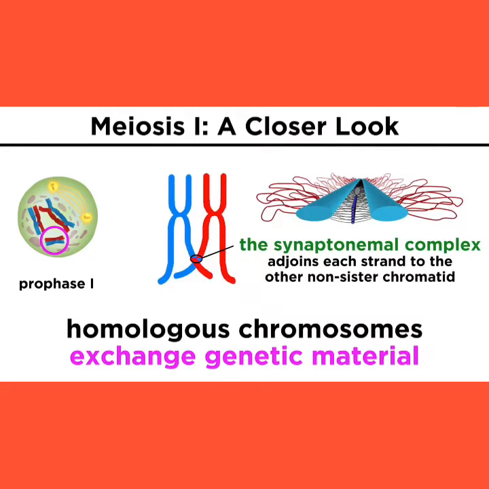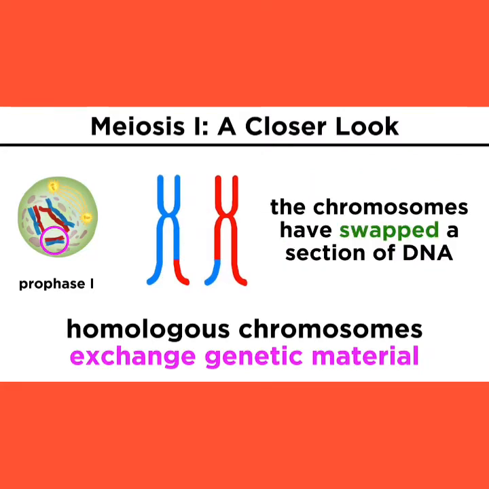Then, during synapsis, a complex of proteins called the synaptonemal complex holds the homologues together, and each broken end of DNA is joined to the corresponding section of DNA from the other chromatid. So you can see that the 2 chromosomes have essentially swapped a tiny section of DNA with one another.